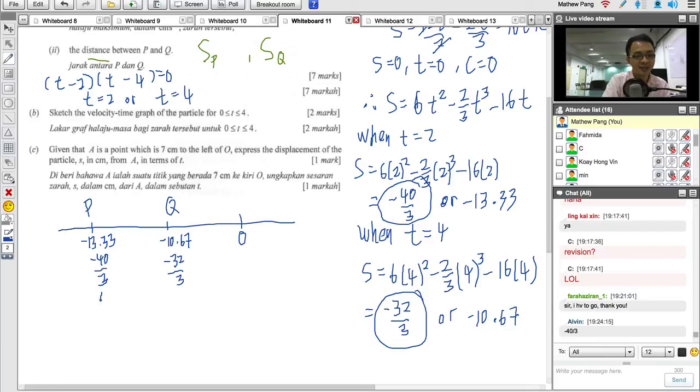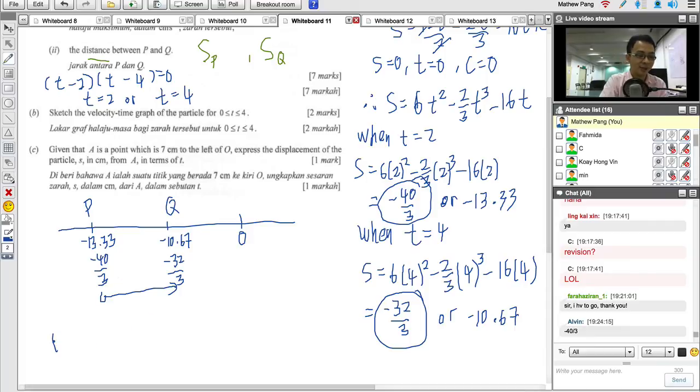So we want to find their distance here. Obviously we just do the minus. So you can use 13.33 minus 10.67.